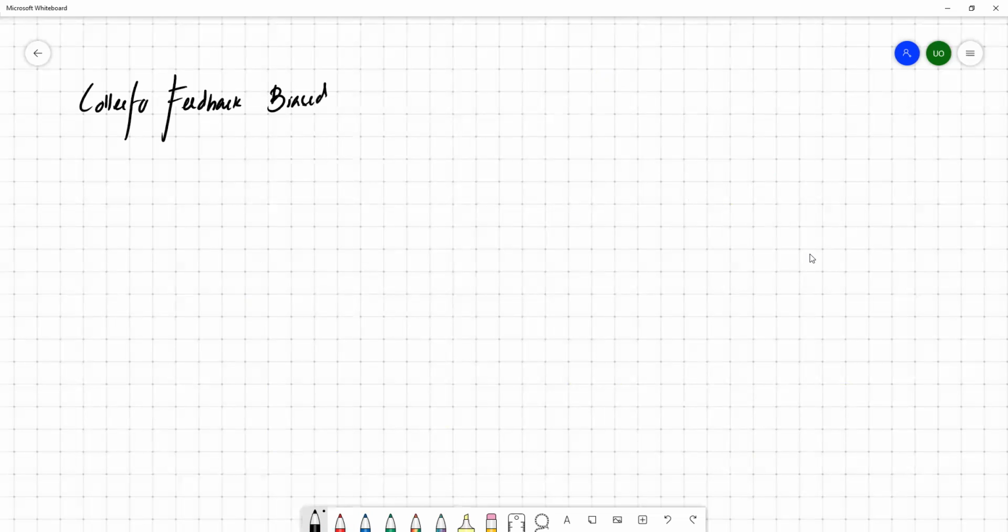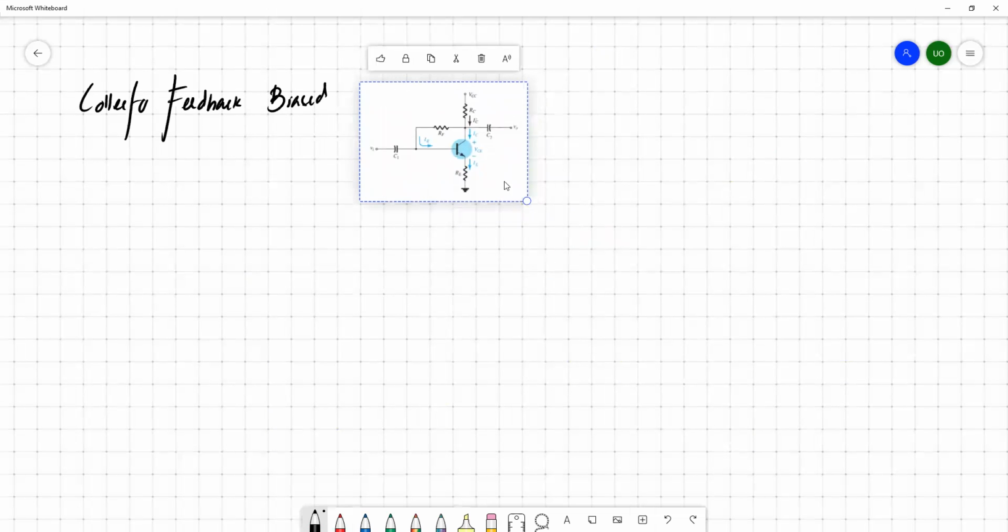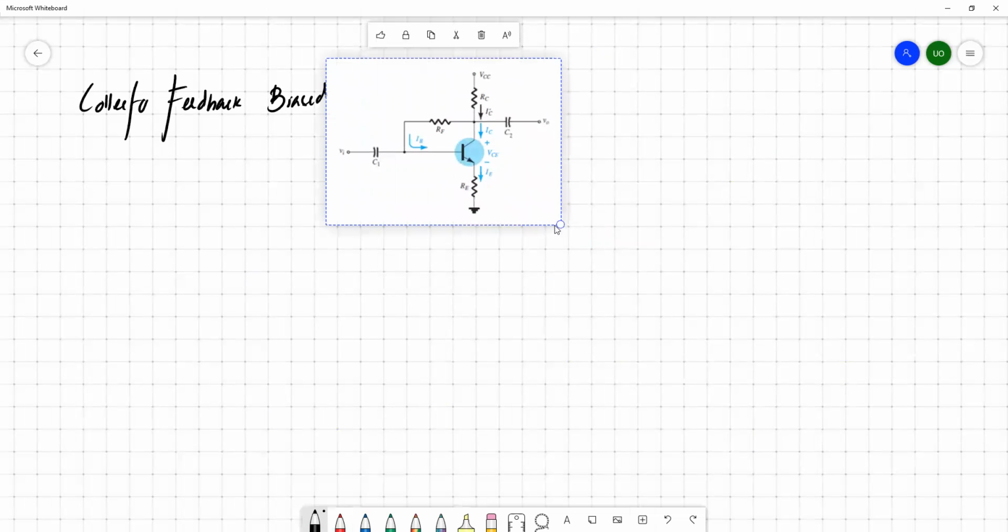In this biasing configuration, we have a resistor which connects the collector and the base. So this is your collector, and this is your base. We connect the collector and base through this RF, the feedback resistor.